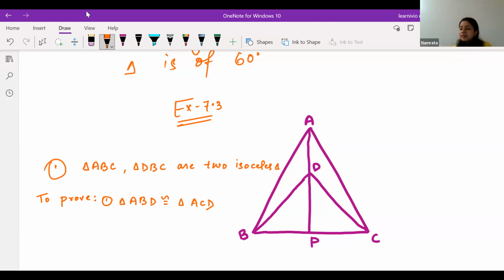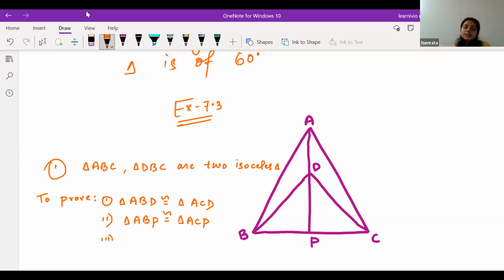The next part says triangle ABP is congruent with triangle ACP.